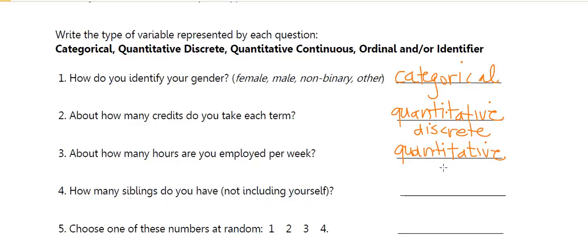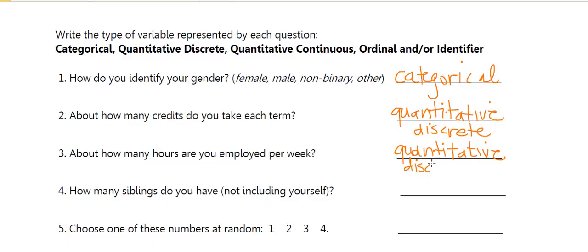Now, would this be discrete or continuous? That's a good question. Might you work 20.5 hours, 20.25 hours? It's possible. We might not write, you might not say 20.33. Depends how close you measure it. So I would say you could say either one for this.